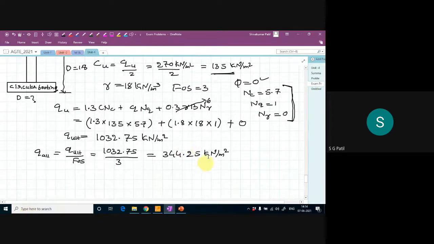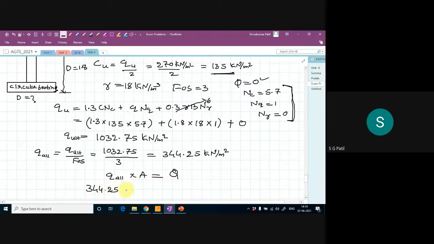So this is the stress. Okay, so this Q allowable into area. If you multiply by that with the help of area, then what I will get? I will get the load applied on the column. Okay, so Q allowable is how much? 344.25.